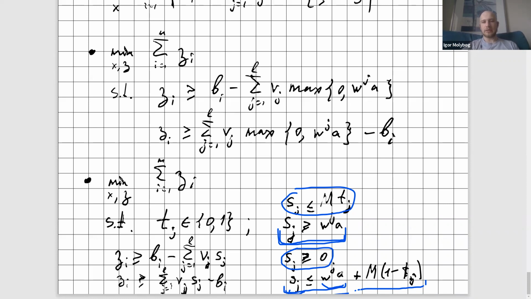Now we only need to make sure that tj is equal to 0 if and only if wja is less than 0, and tj is equal to 1 if wja is greater than 0. It's fairly straightforward. If wja is less than or equal than 0, then we are basically forced to have tj being equal to 1, just because of this couple of constraints, right?